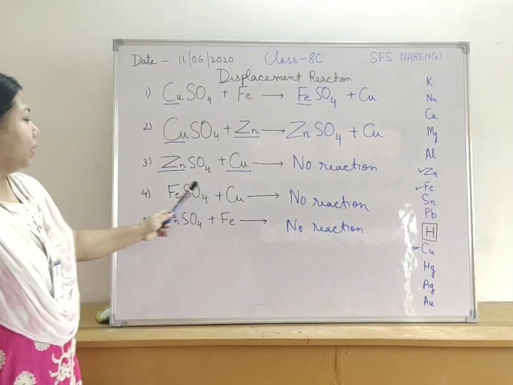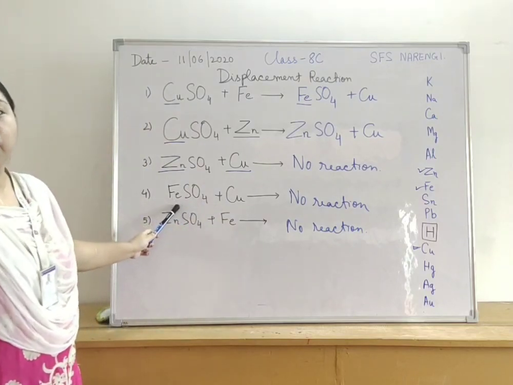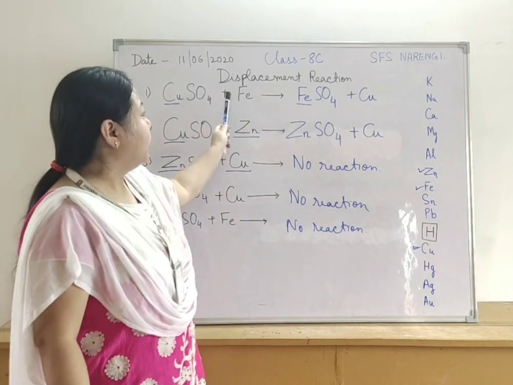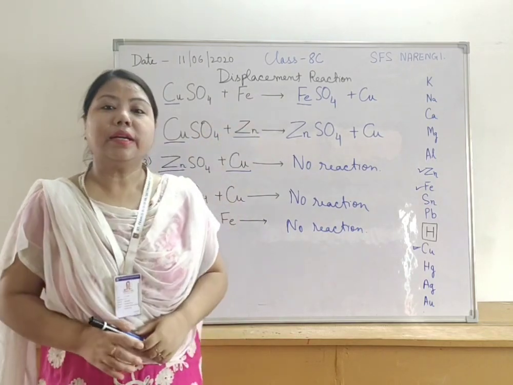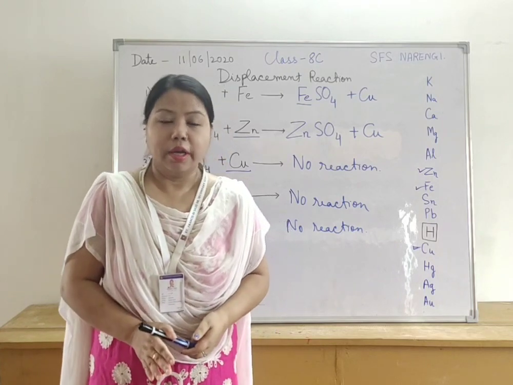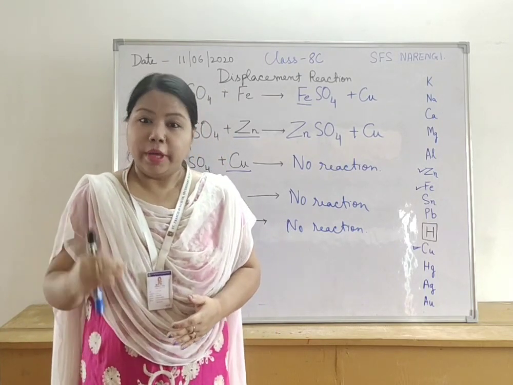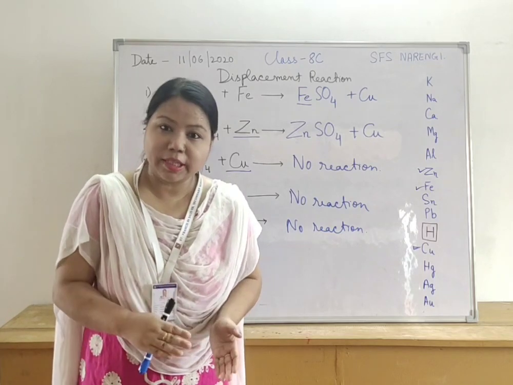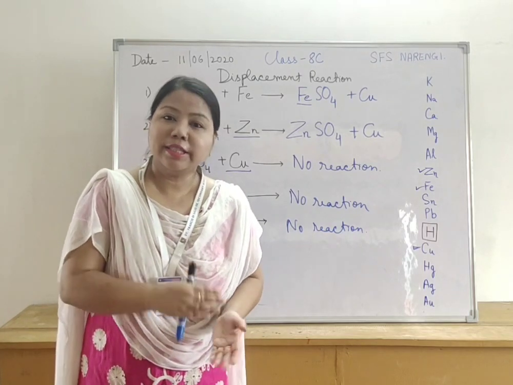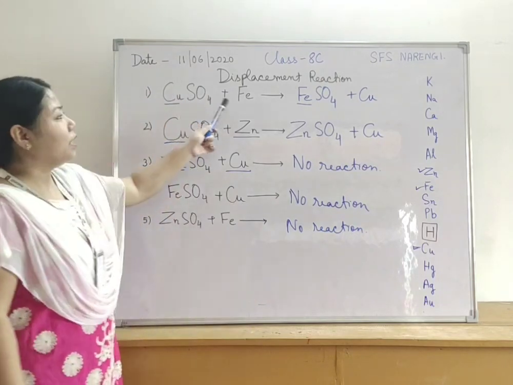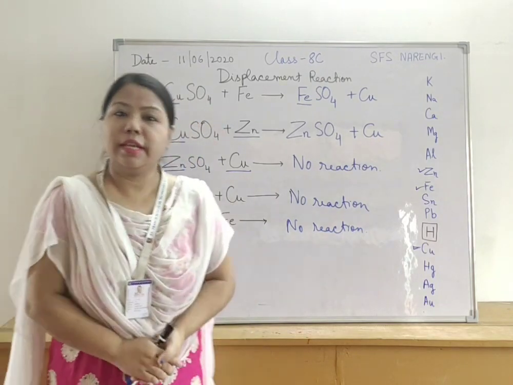A less reactive metal cannot replace a more reactive metal. This is what we understand by displacement reaction. It is a reaction in which a more reactive metal displaces a less reactive metal. This is how the displacement reaction takes place.